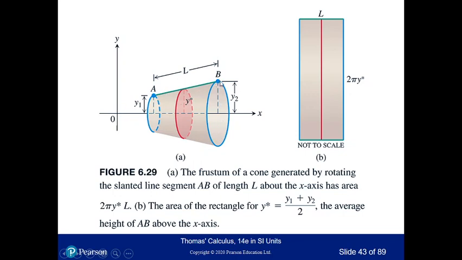So if you rotate this AB around x, you're going to get a weird shape. It's not a rectangle, okay? However, what we are going to do is take the average of y1 and y2 as the height here, which is going to be (y1 plus y2) over 2. It's the average. And the red one is going to be the average height, okay?